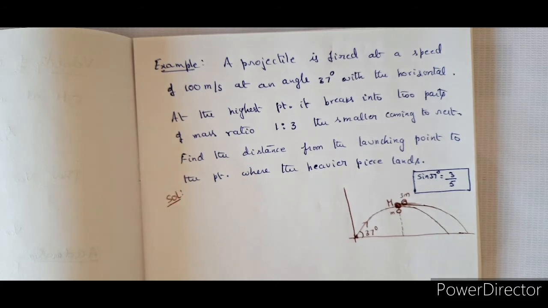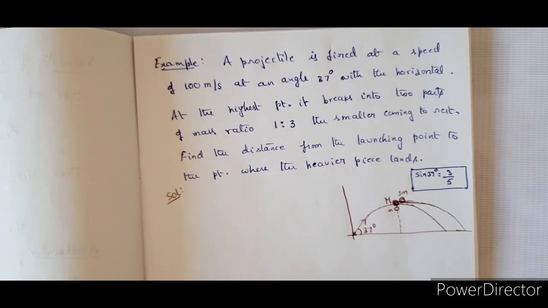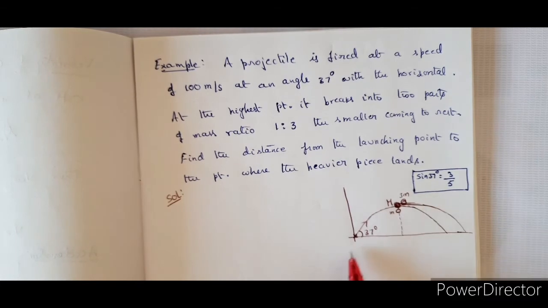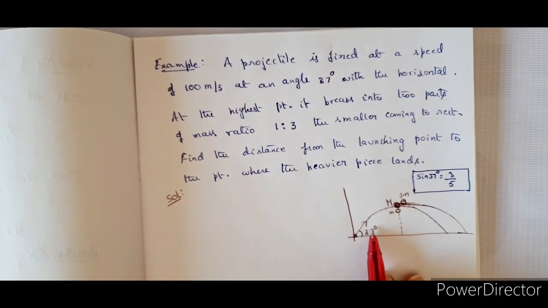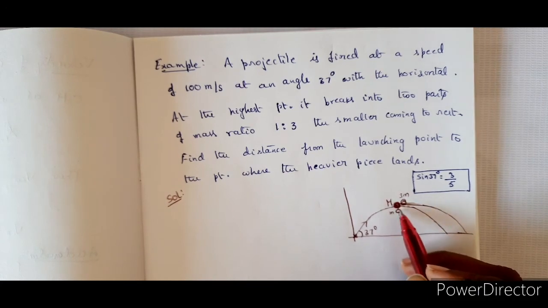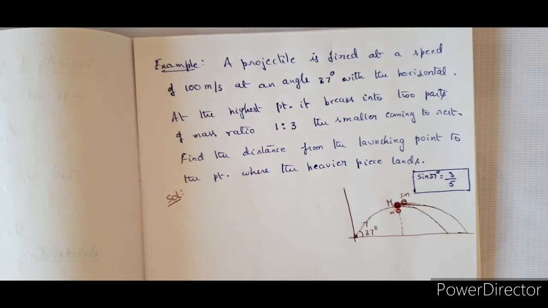Now try to understand the concept and see how to draw the diagram. The diagram here is like that: a shell which is projected at an angle of 37 degrees with the horizontal. At maximum height, it splits into two particles. One particle comes to rest. So what will happen? Will it stay there?